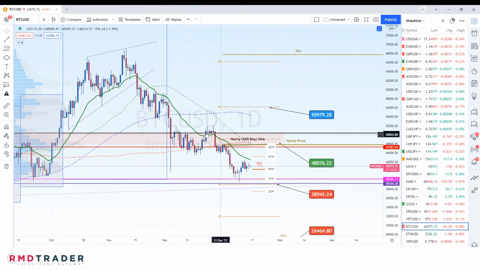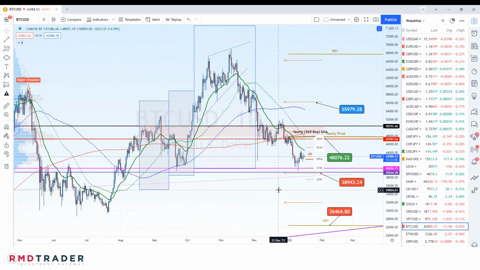We're struggling to get back above that daily 21 EMA. As I've mentioned, I think there is a likelihood that we still test this area of our yearly 365-day moving average, daily 200 moving average, and that 50 daily moving average, as well as the new yearly pivot. So all of that sitting at about 48,000, so a major level, of course. So good chance we still tag that.